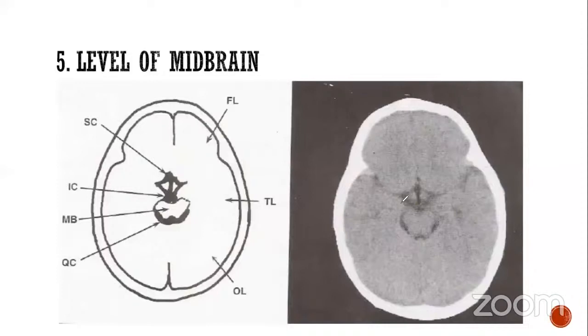I already told you in the anatomy that the interpeduncular cistern is in front of the midbrain, and the quadrigeminal cistern is behind the midbrain. This apple-shaped structure is the midbrain, and it lies between the interpeduncular cistern anteriorly and the quadrigeminal cistern posteriorly.